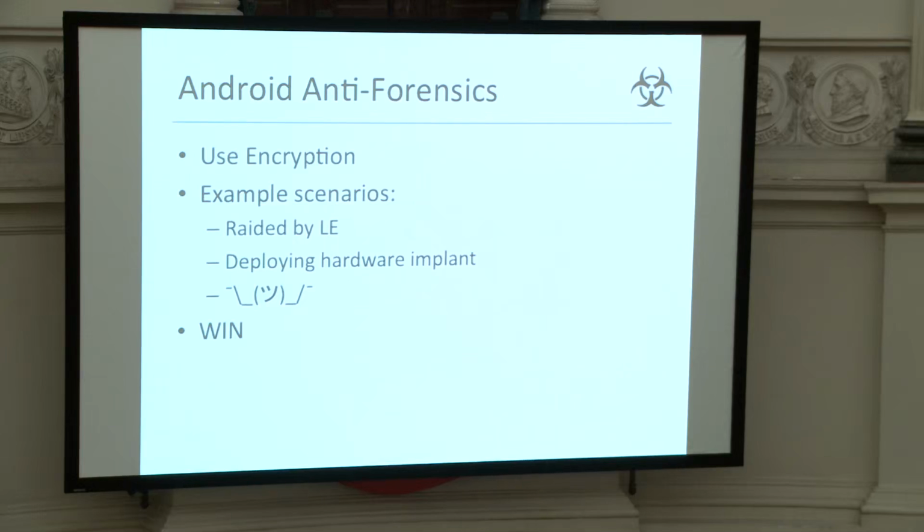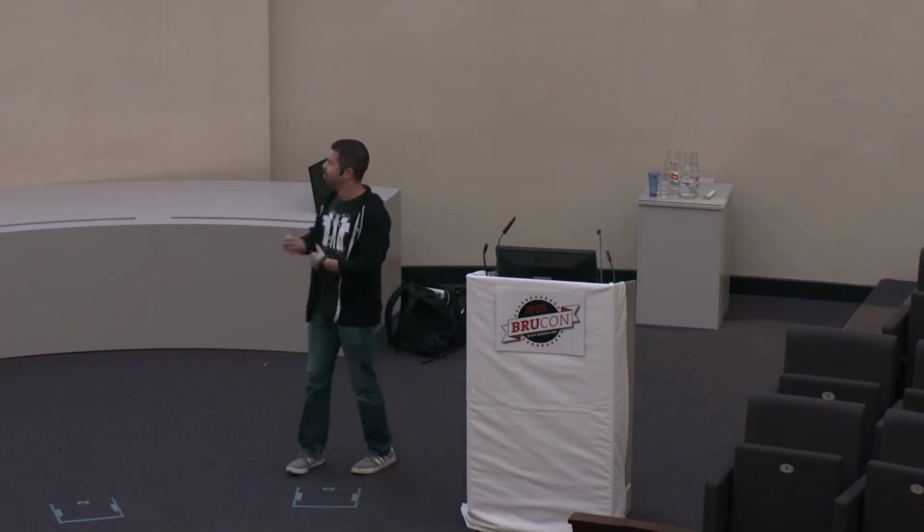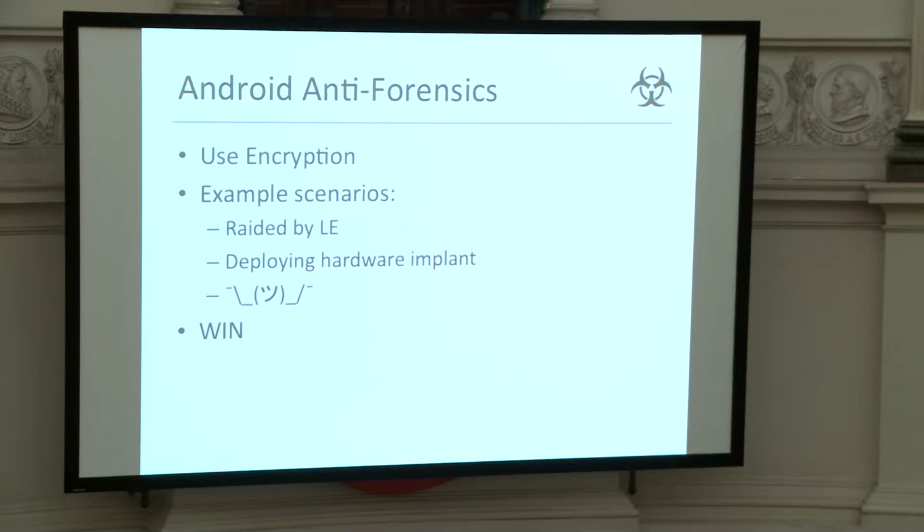The other part that I mentioned later: deploying hardware implants. One of our favorite things to do as Red Team is to do RADIUS attacks. If you're targeting somewhere that uses RADIUS, where employees or victims have to authenticate with their AD credentials to get on the Wi-Fi, it's awesome to drop an Android device in the bathroom and have it expose its own wireless access point with a RADIUS attack running, named after the corporate access point.